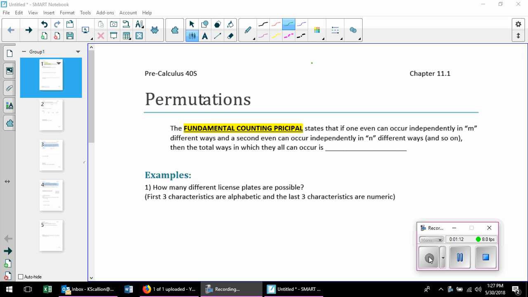Now, here's the question. What's the probability that I will flip a head, and I will get a 5 on a roll?